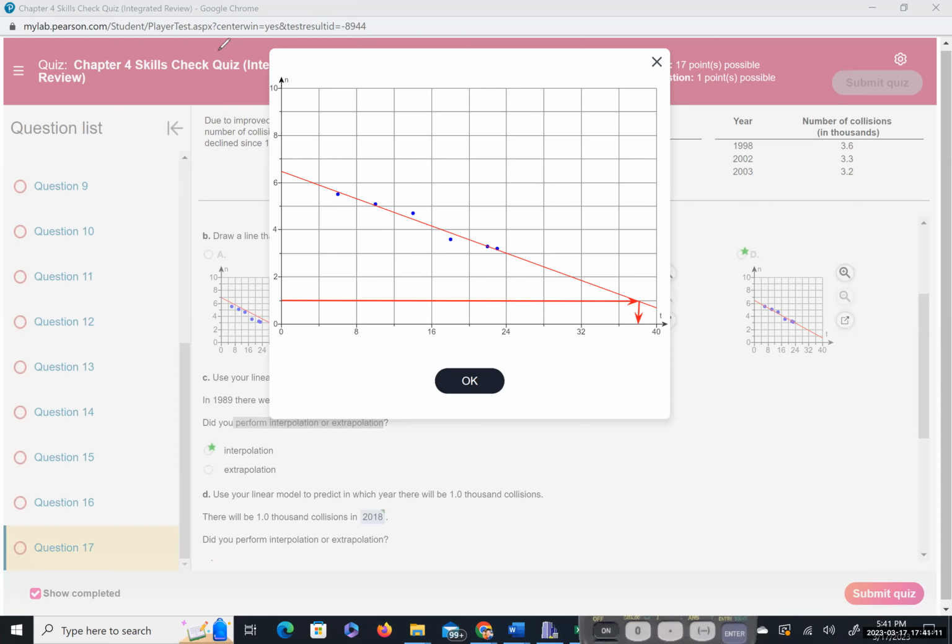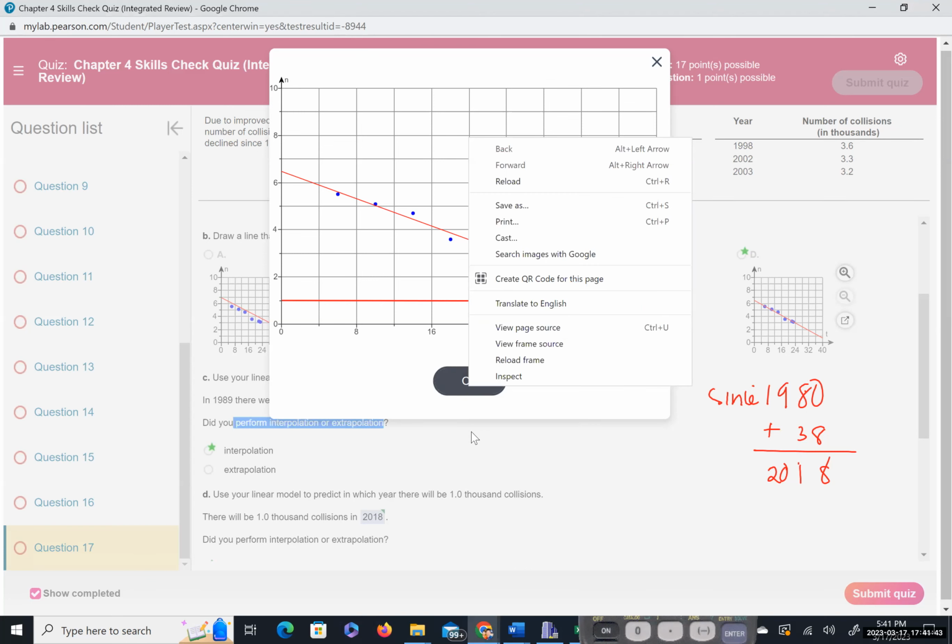This is 38. So 38 years since 1980. You add 38 and you will get 2018, right? So that's right. You got 2018 there.